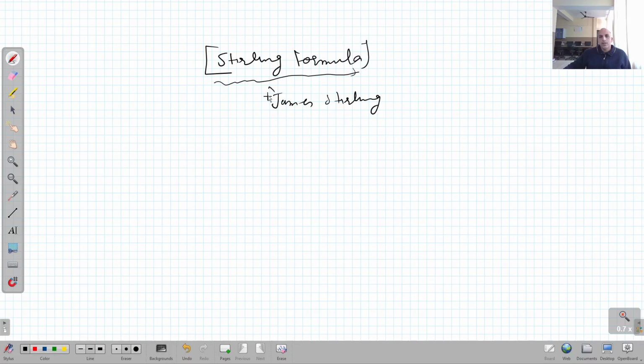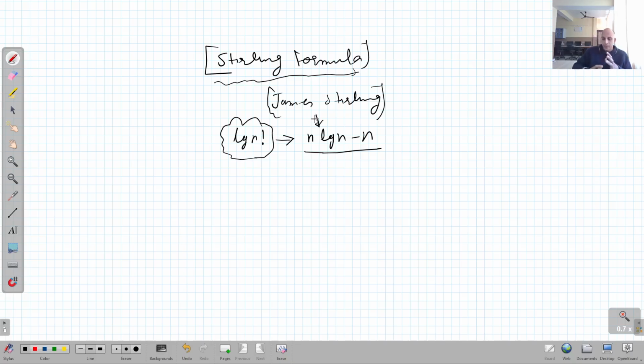This formula is used to calculate the value of log of n factorial. It gives an approximation of the value of the log of n factorial, and mathematically, according to Stirling formula, it is equal to n log n minus n. So this is the formula given by James Stirling.